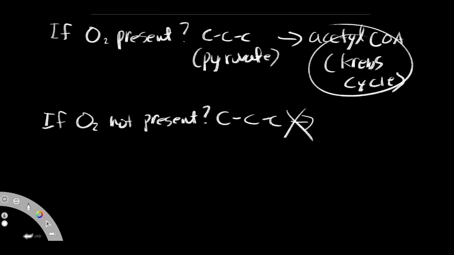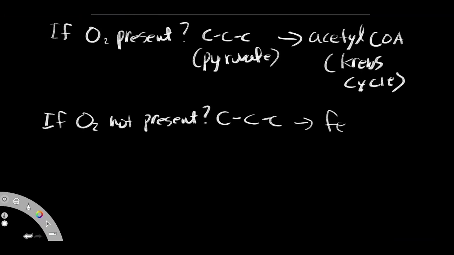It actually undergoes fermentation, okay? Also known as the anaerobic respiration category, okay? We do not want to convert this pyruvate that we so desperately made to turn it into this acetyl-CoA if there is no oxygen, because we can't use it.